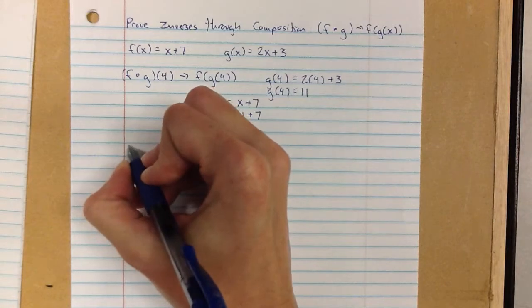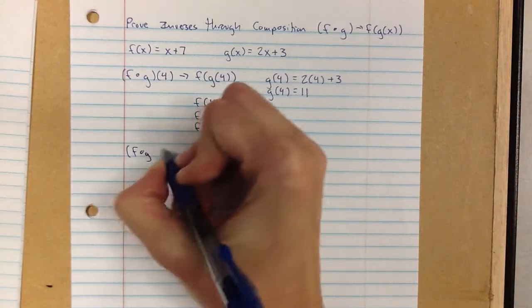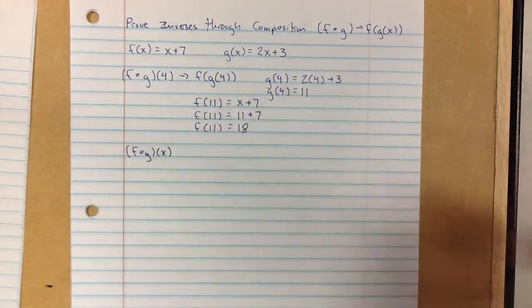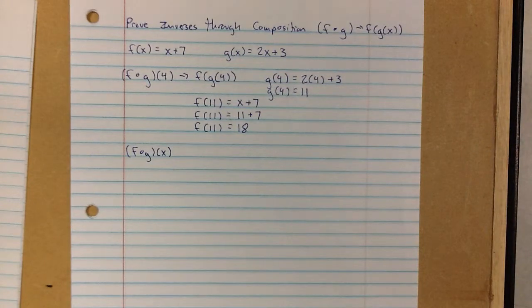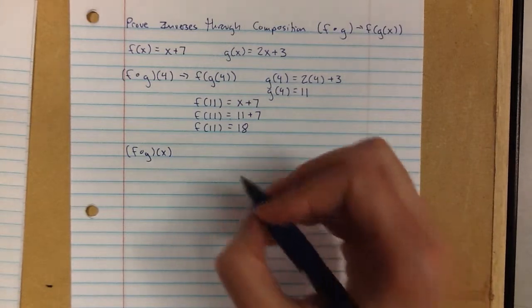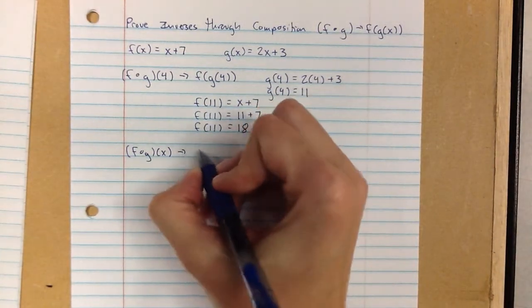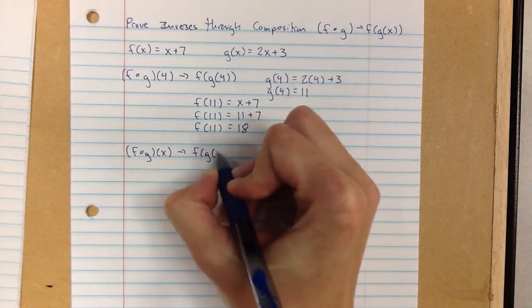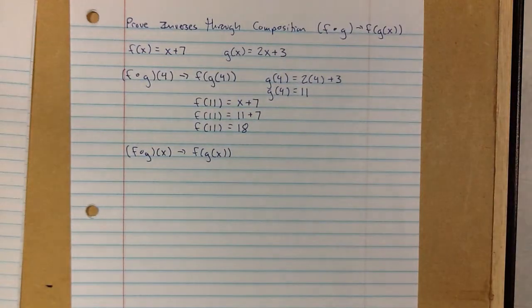If I do the exact same thing, I'm going to say f of g of x. So now instead of numbers, I have an x. That means f of g of x. What is g of x?